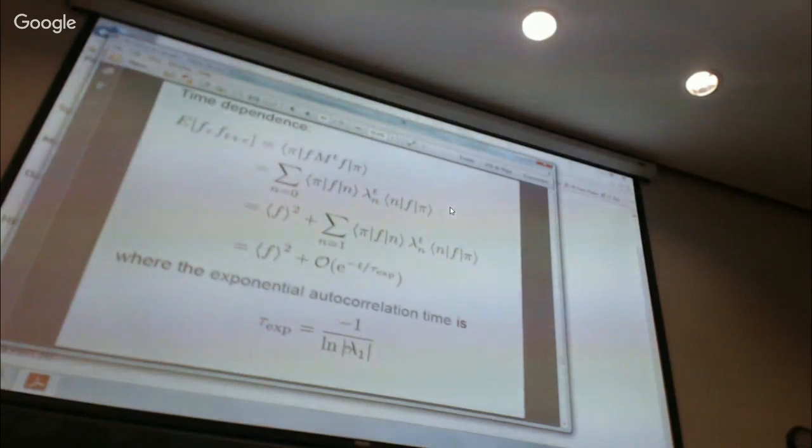So this time here, tau x, governs the asymptotic approach of the autocorrelation function to the decorrelated case. This is the relevant time scale for how long it takes for the Markov chain to completely decorrelate, and it's linked to the second largest eigenvalue modulus of the Markov matrix.